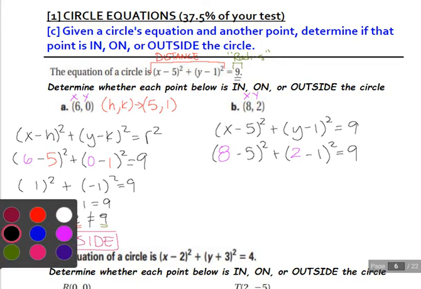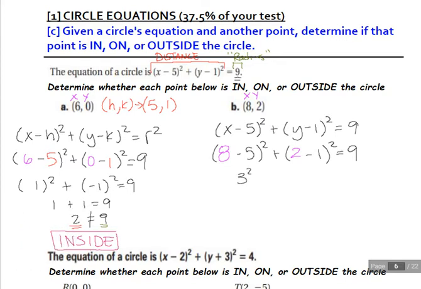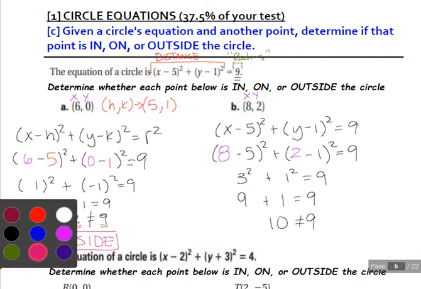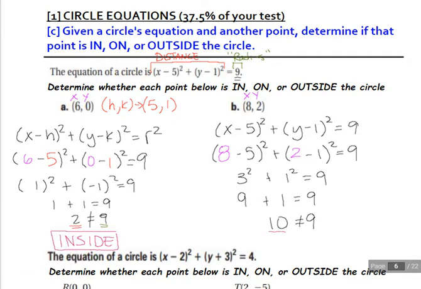So that'll give us 3 squared plus 1 squared is equal to 9. That'll be 9 plus 1 is equal to 9, so it'll give us 10, which is not the same as 9. The calculated distance of 10 is greater than the radius squared distance of 9 (I said less than, I meant greater than), and so it's going to be outside the circle.